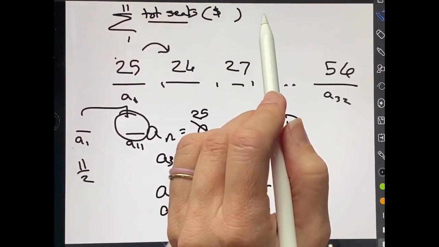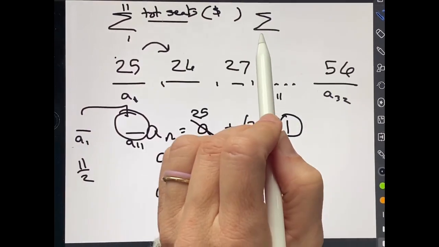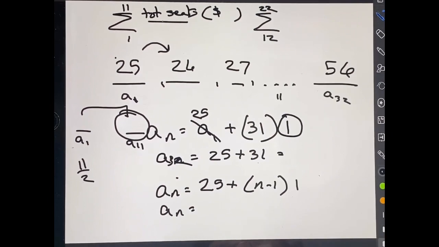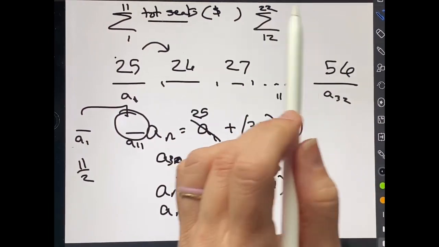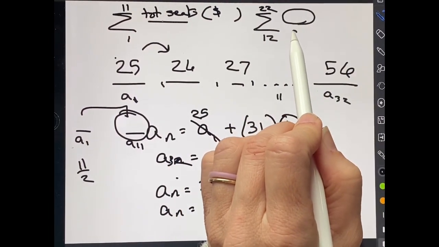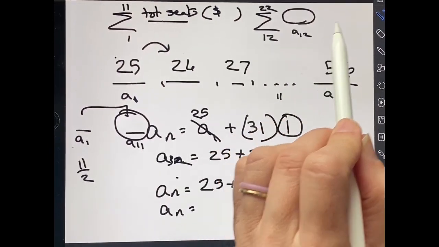Now, for the second part, they're asking you to sum up rows 12 through 22. Okay, so for rows 12 through 22, we're going to need the value at the 12th. How many seats does the 12th row have?